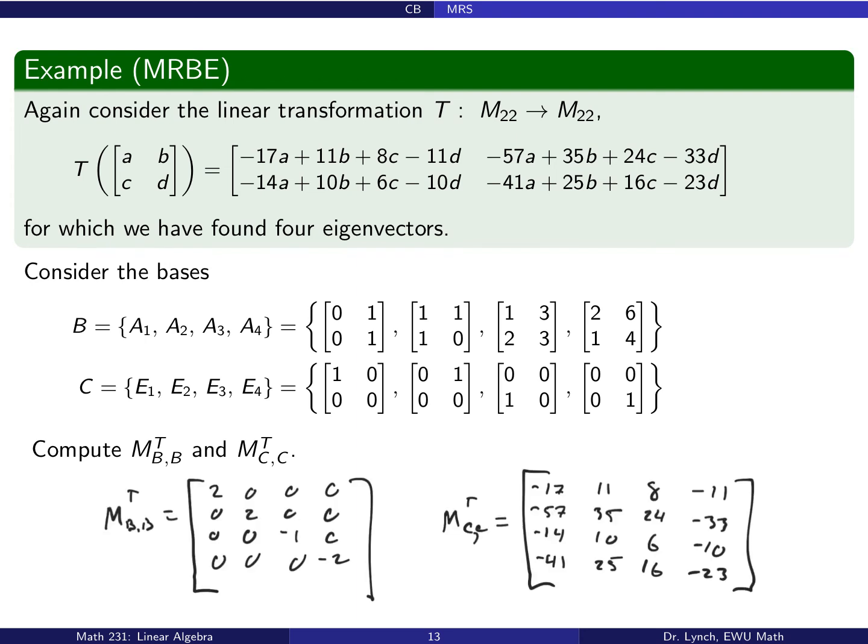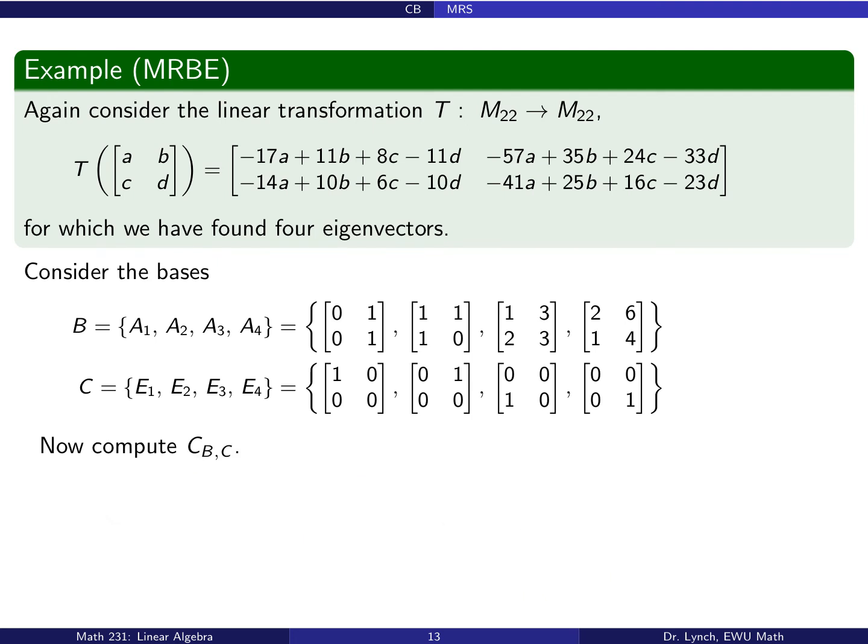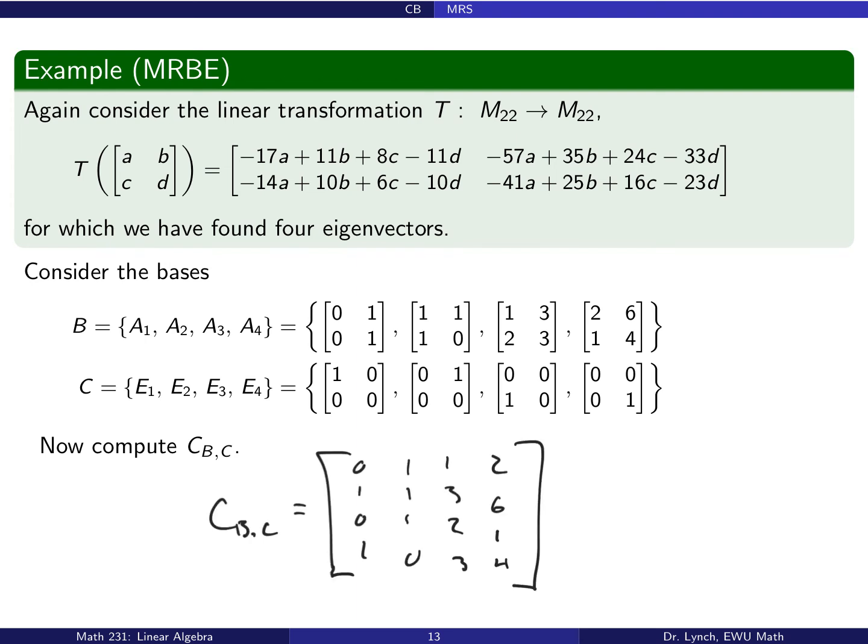So here are those matrix representations of the transformation T with respect to the basis B, a fairly simple representation, and then with respect to the basis C, a more complicated one. So next we can go ahead and compute the change of basis matrix from the basis B to the basis C. And again, since the basis C is the standard basis, this turns out to be pretty straightforward.